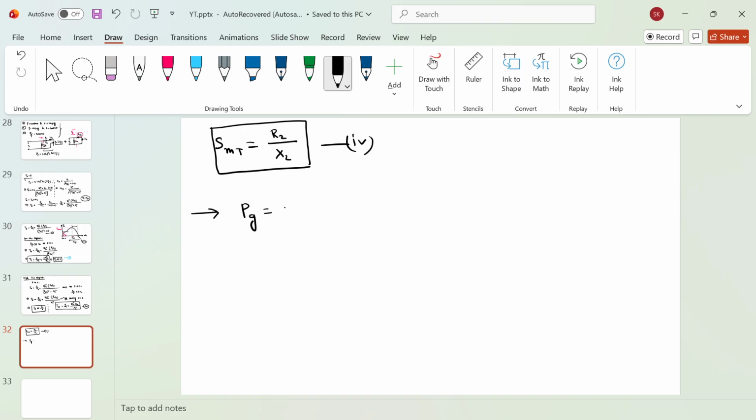PG is equal to 3 I2 square into R2 by S, and this is also equal to E2 I2 cos theta 2. What is this? Let me explain.